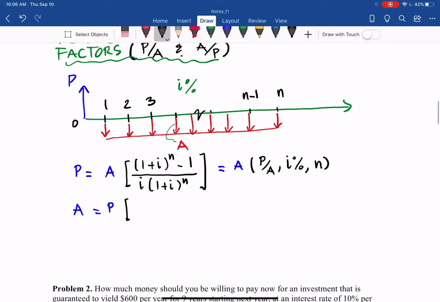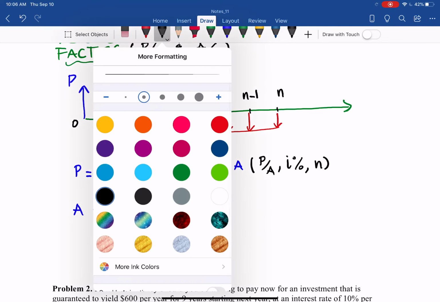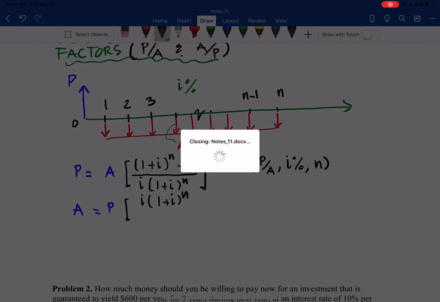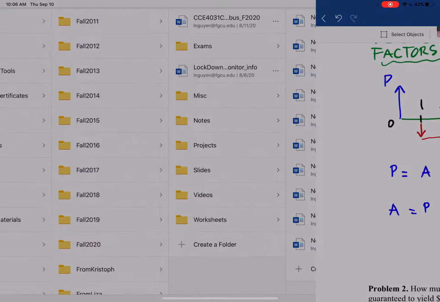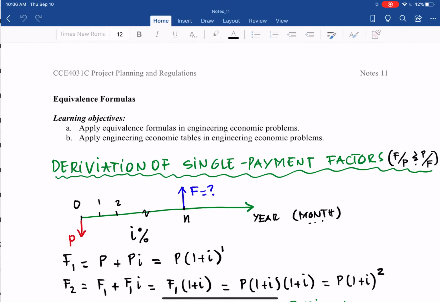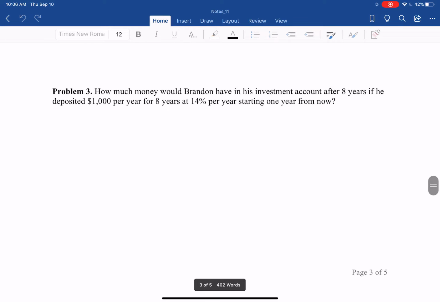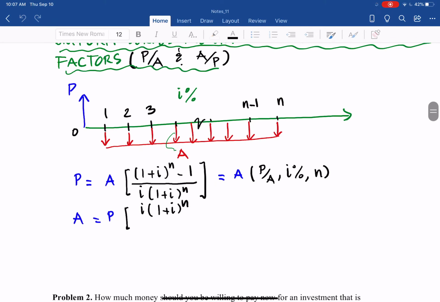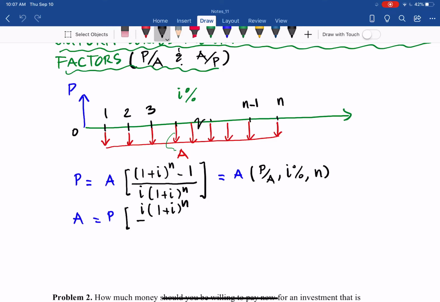So it will be I times (1 plus I) power n over (1 plus I) power n minus 1.